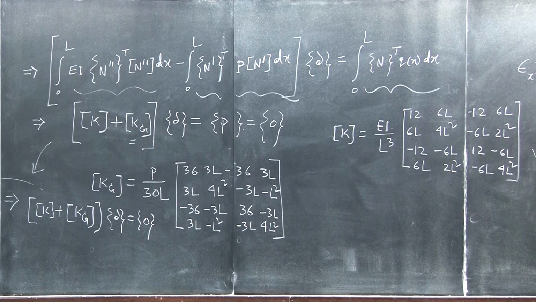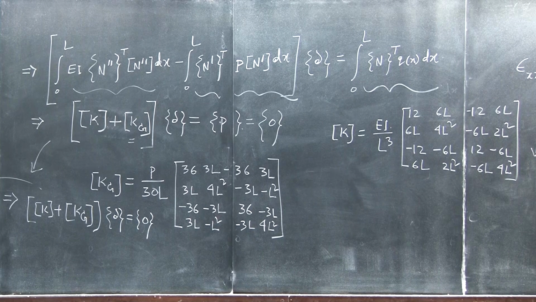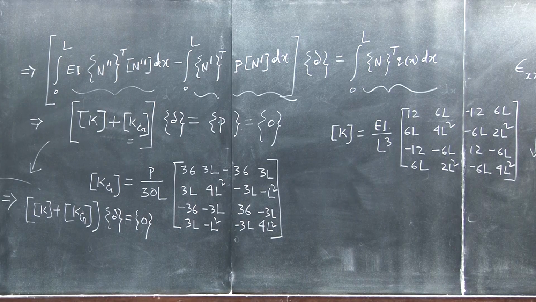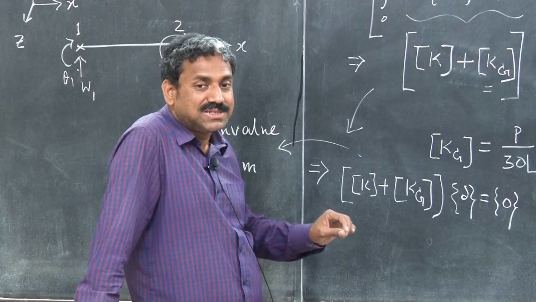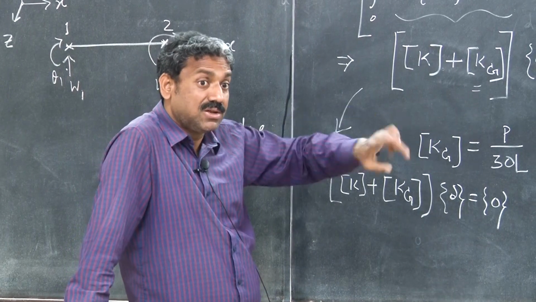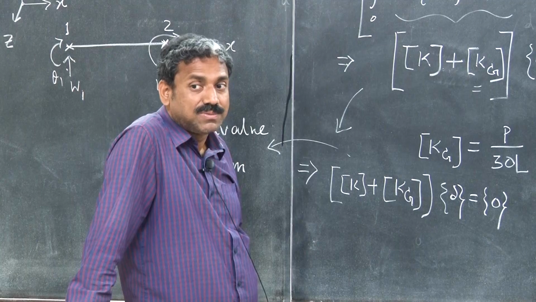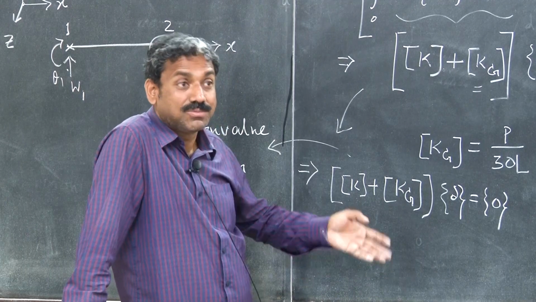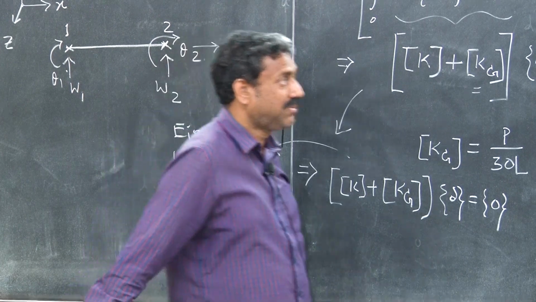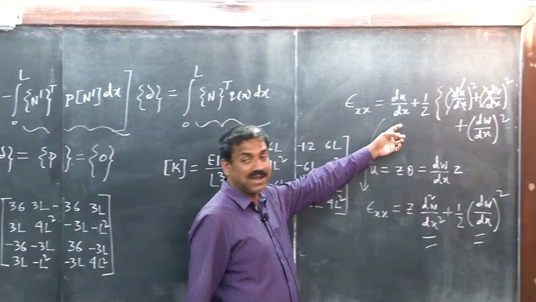But please note that when you do a full geometric nonlinear analysis, in a nonlinear finite element course, the geometric stiffness matrix will also be a part of the tangent stiffness matrix, but not all of it. The geometric stiffness matrix will contribute to the tangent stiffness matrix, but there will be additional contribution from the nonlinear strain term, the Green Lagrange strain term. All of you did Green Lagrange. When I am writing this, it is the Green Lagrange strain, right?